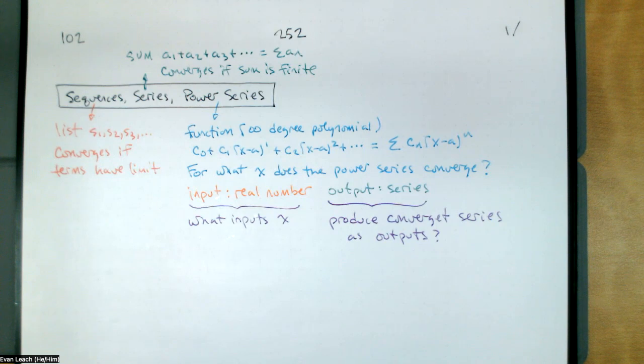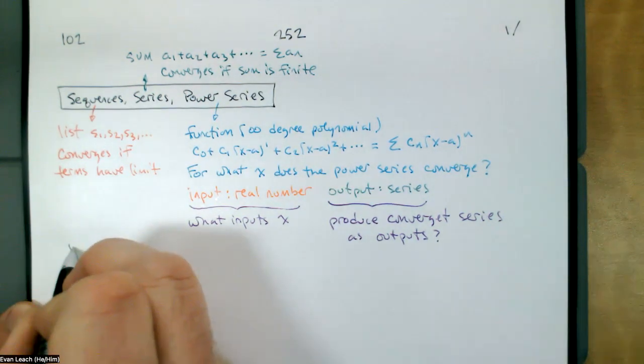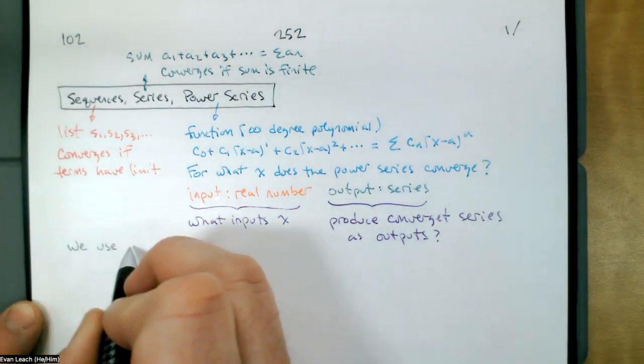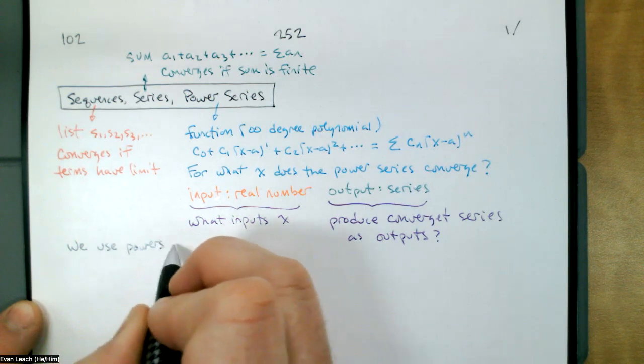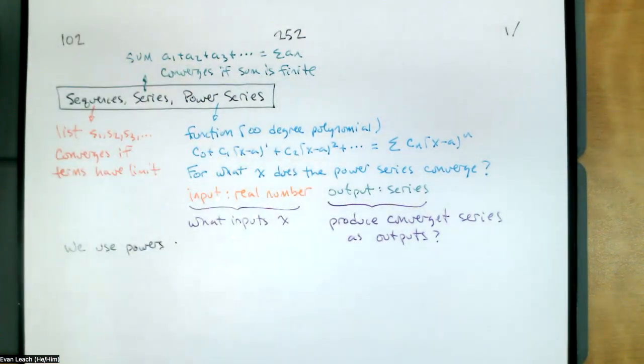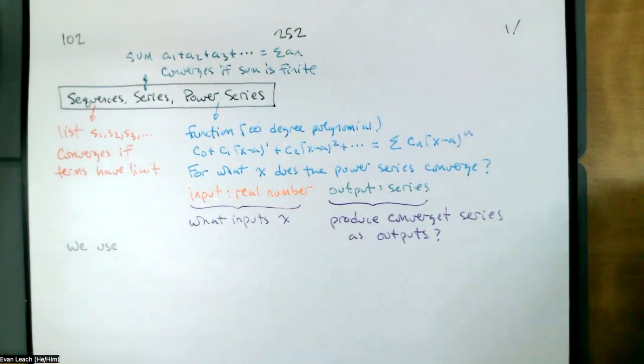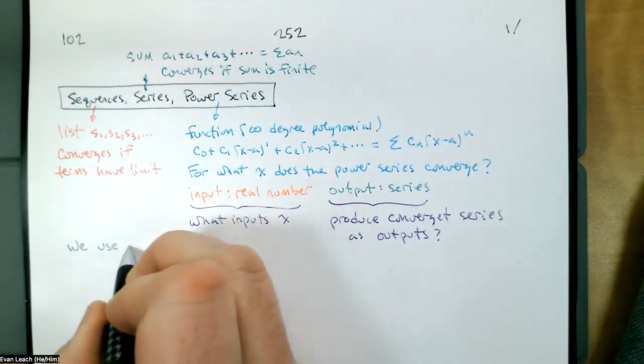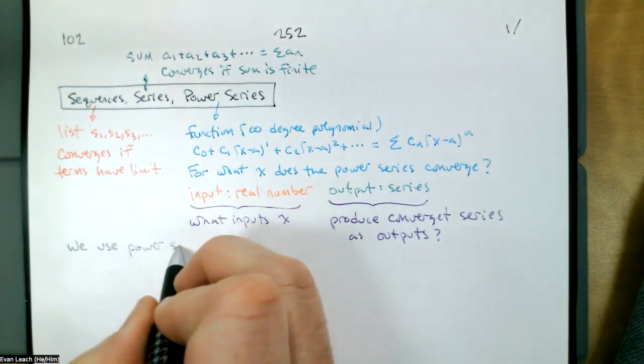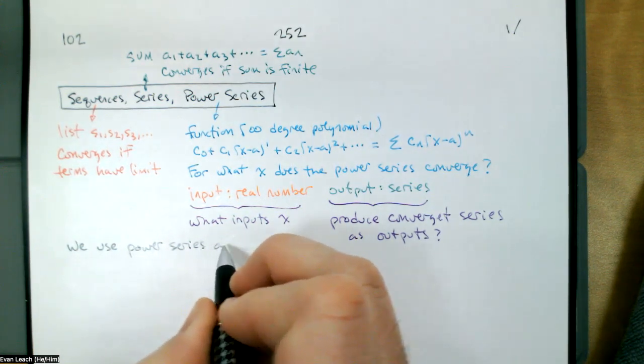The reason that we want to do this is that we can use power series to model functions. The reason that we care about this whole process, sitting behind all this, is that we can use power series as models for functions.